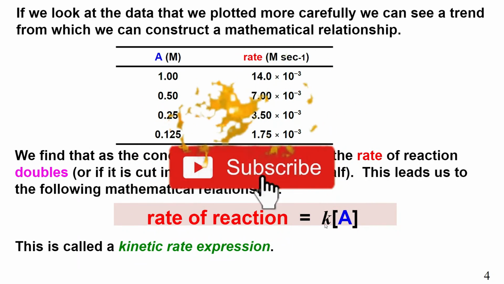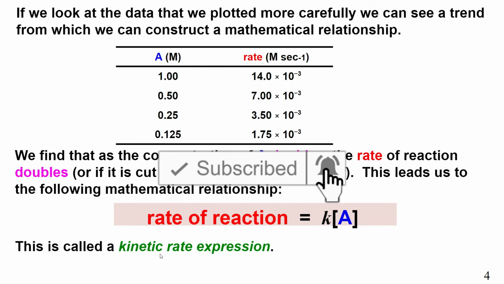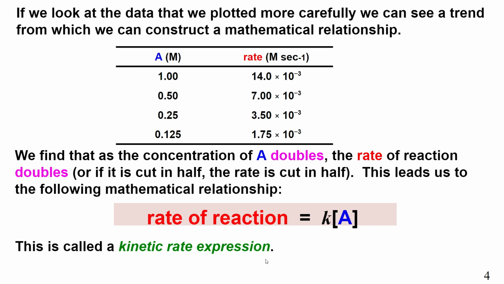We call this math relationship the kinetic rate expression. So our rate of reaction equals k times our concentration of our reactant.